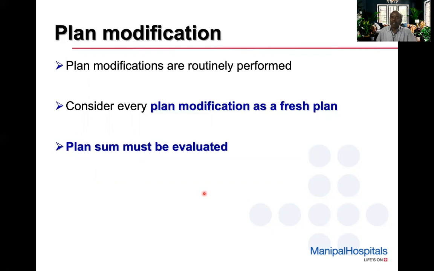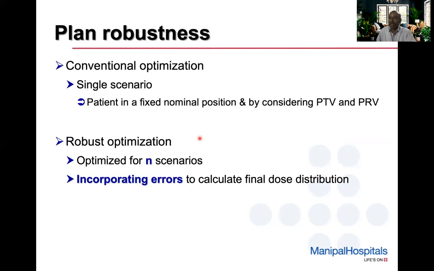That must be completely stopped. That is a very dangerous practice. So consider every plan modification as a fresh plan, and everything has to undergo plan evaluation again in the presence of all the team members. Plan sum must be evaluated before a modified plan is accepted, and everything should be documented.